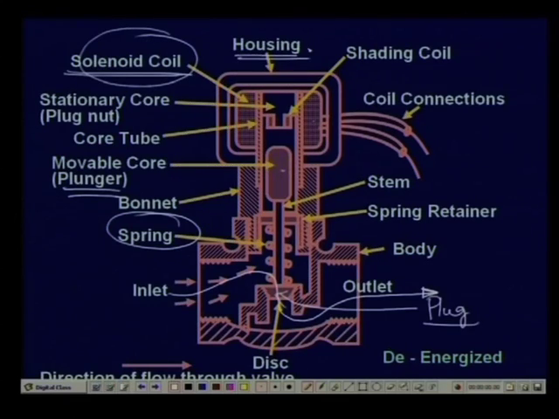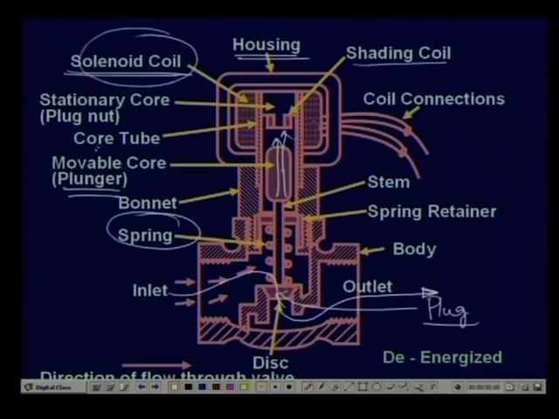A shading coil is used to guide the flux through the core, so that the proper force is created, because the force is created by the flux. One has to guide the flux so that an upward force is created. This is the movable core, this is the tube through which the core moves, these are the connections.